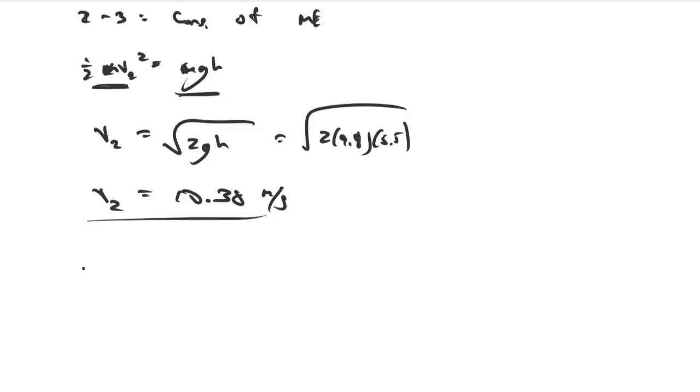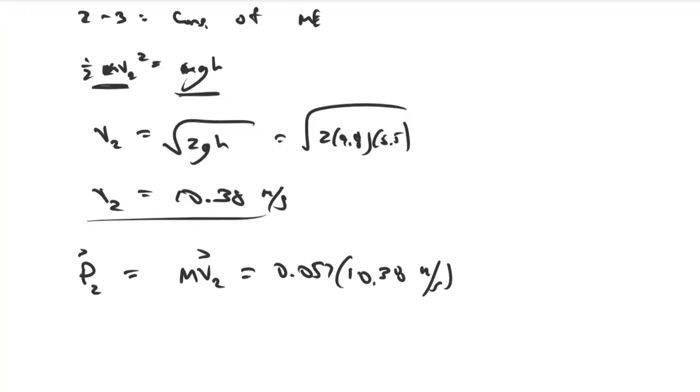So the momentum in state 2 is just going to be mass times V2, right? And so this is the 57 grams times 10.38 meters per second. And the momentum at 2 is 0.59 kilogram meters per second.